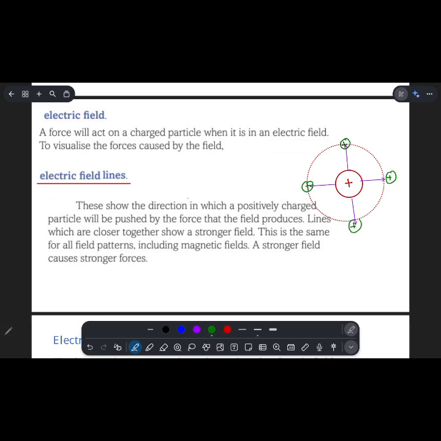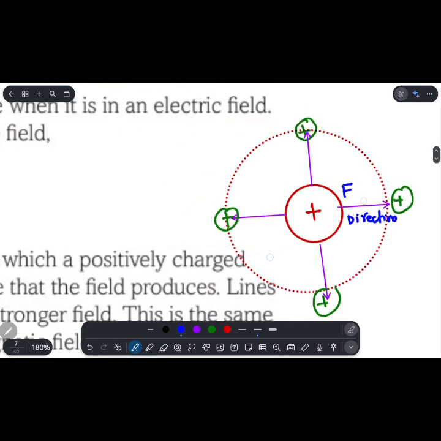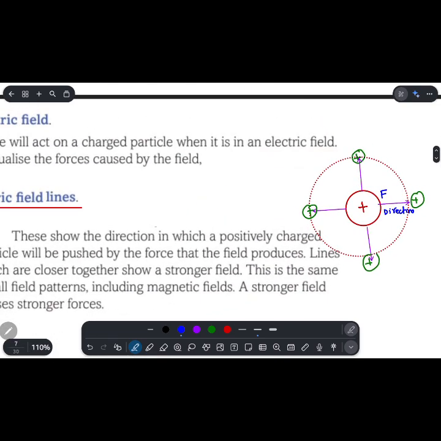That is why the direction of the force is here. This is the direction of the force on the unit positive charge, or test charge. So those lines which show the direction of force on a positive test charge are called your field lines. Hope that it is clear to you.